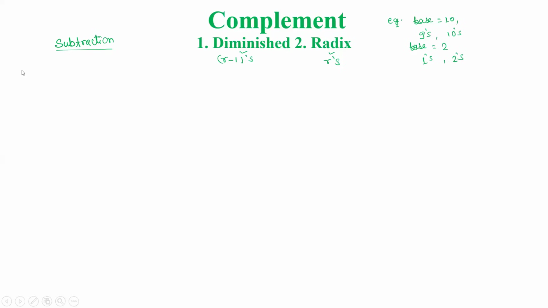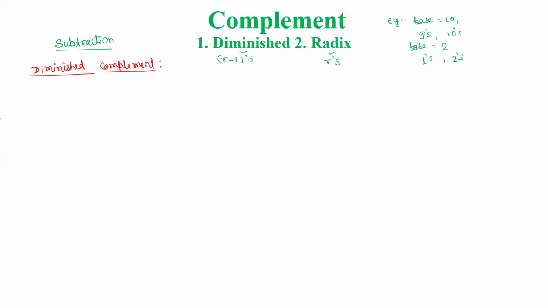Okay. So first we are going to talk about the diminished complement, represented by (R minus 1)'s complement. We'll see first how the algorithm works to obtain the diminished complement. After that, we'll see in the general way how we can find the diminished complement easily.